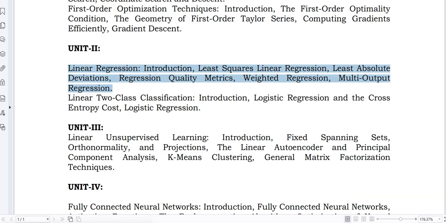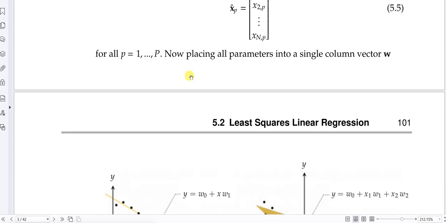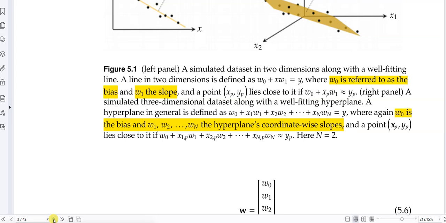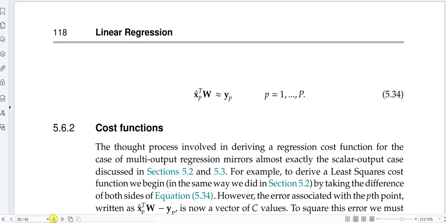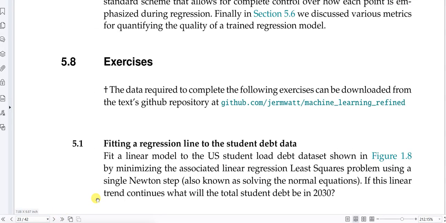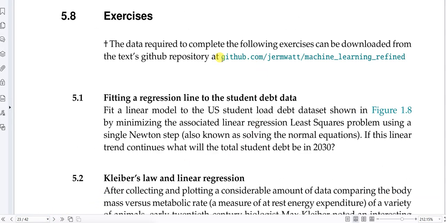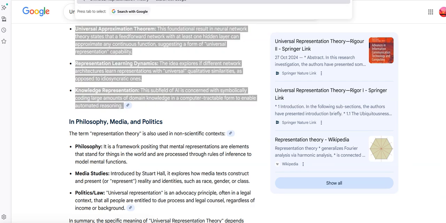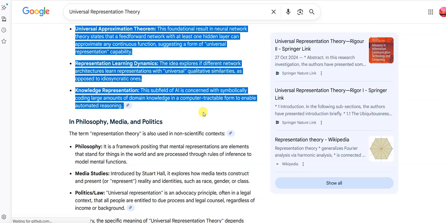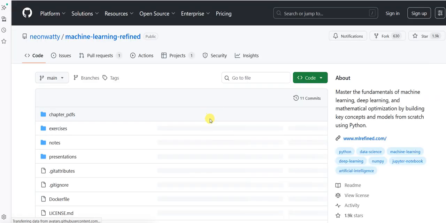Okay, so that's the link. Copy this link and go to the browser. Open this. So the website will be opened like this.